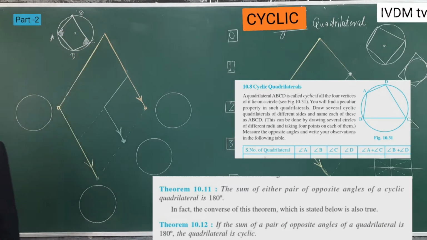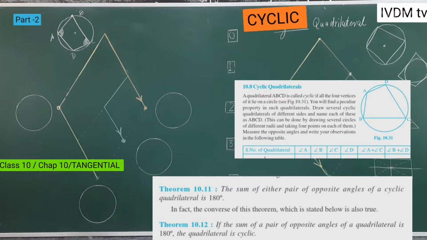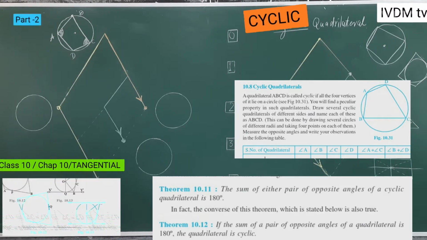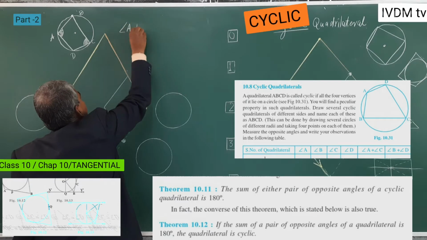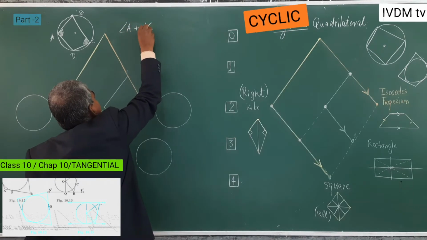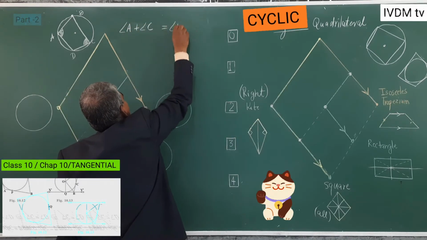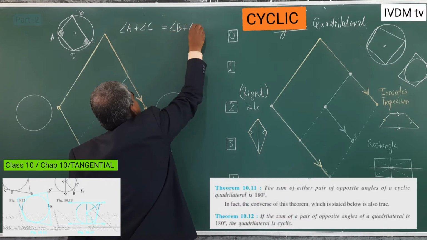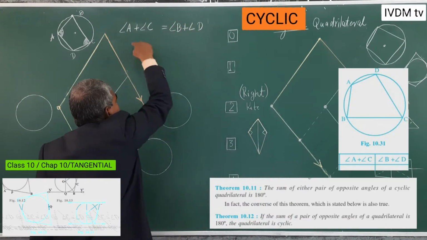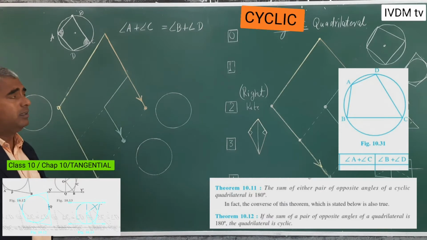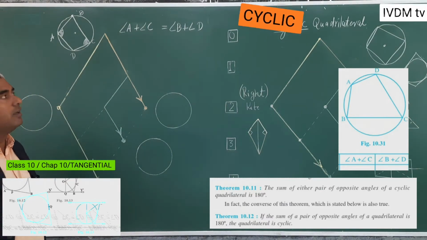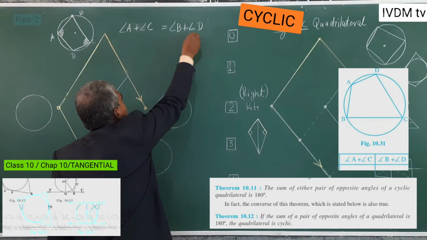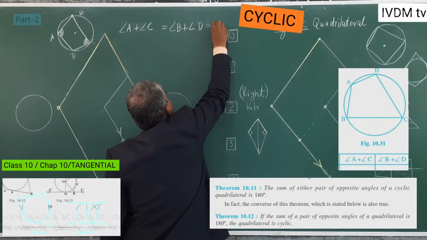It is given: angle A plus angle C is equal to angle B plus angle D. And obviously, because the sum of all internal angles is 360, half is equal to 180 degrees.